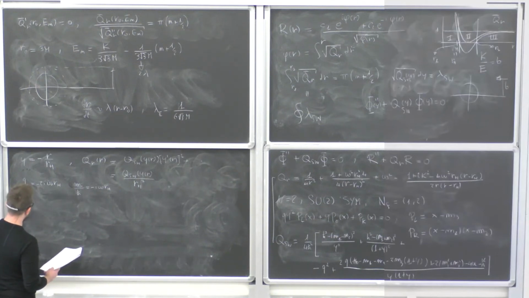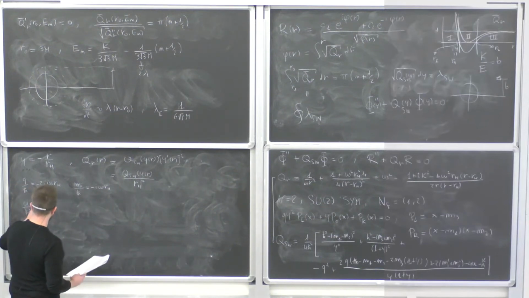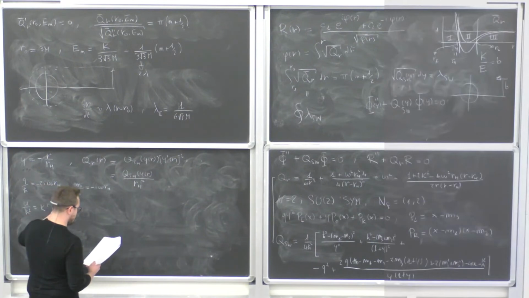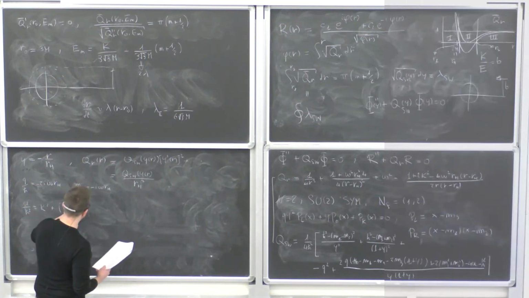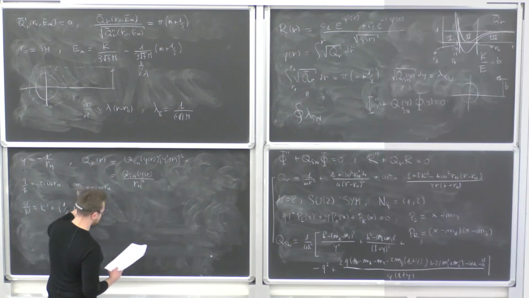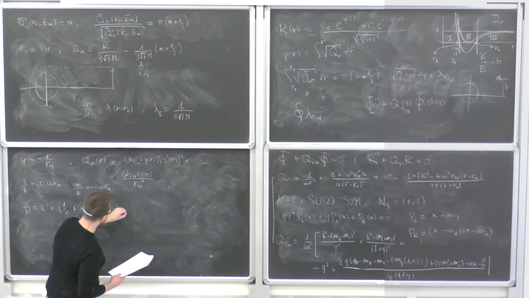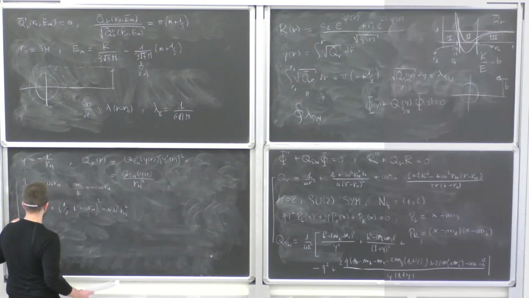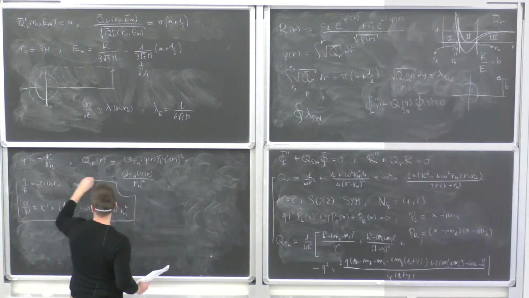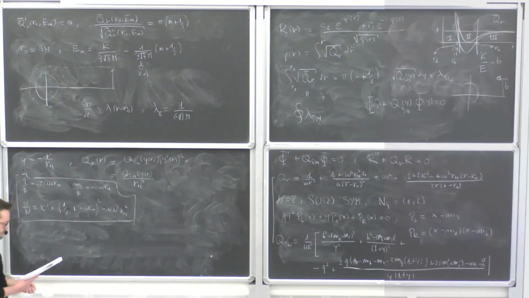And your H bar will be k squared plus 1/2 I omega RH squared minus 4 omega squared RH squared. So this will be the radial dictionary for the Schwarzschild black hole.